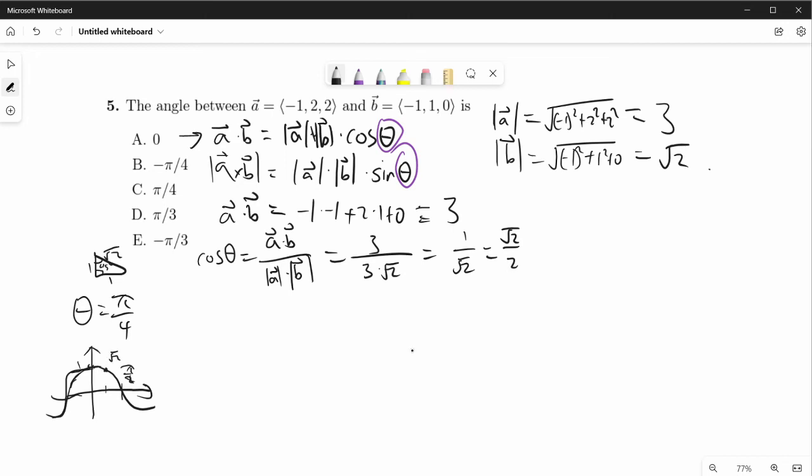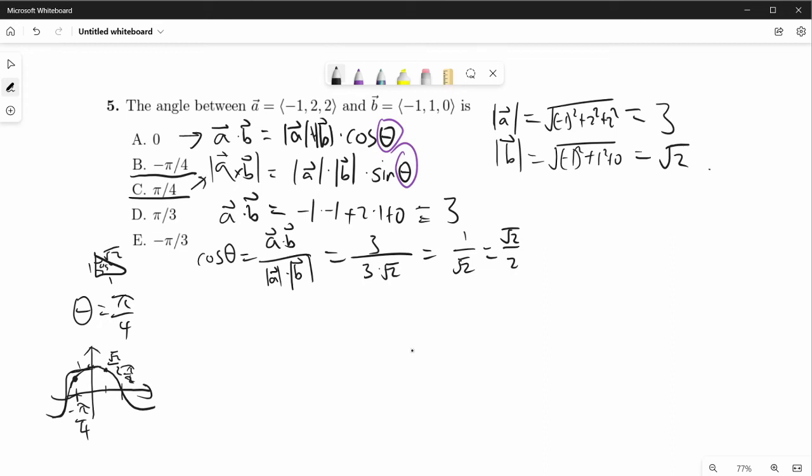It's root 2 over 2. But as we can see here, since it's symmetrical, at negative pi over 4 it also has the answer. Since we can't really plot this on a 3D surface and visualize the angle, I cannot differentiate between answer B or C. So I'm going to use the cross product to check my answer.